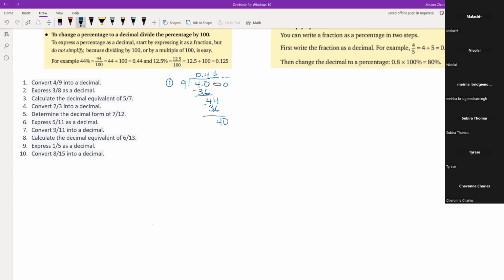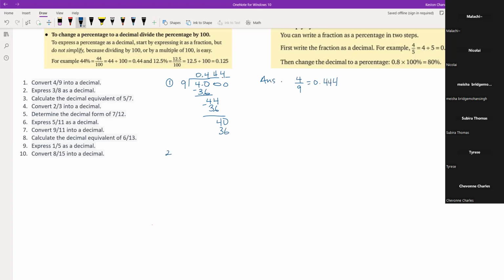Right, 9 into 4. Another 4. And we'll continue like that. So the answer for this first one was 4 over 9 is equal to 0.444.